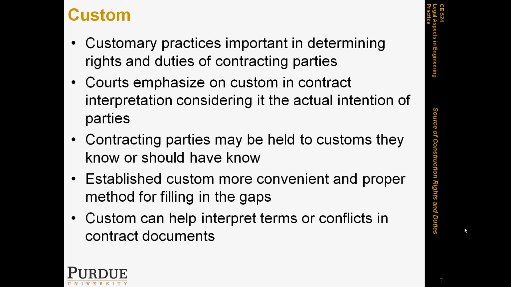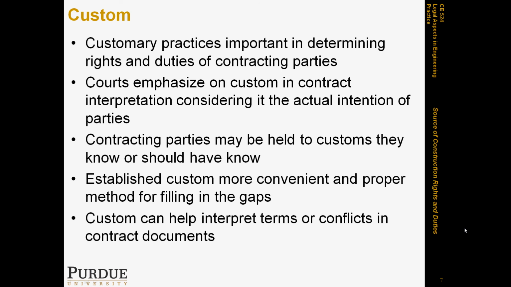Sometimes there's even a conflict between documents, like between a specification and a drawing, or between writings in two separate areas of the general conditions of contract, or a discrepancy between the general conditions of contract and supplemental conditions.